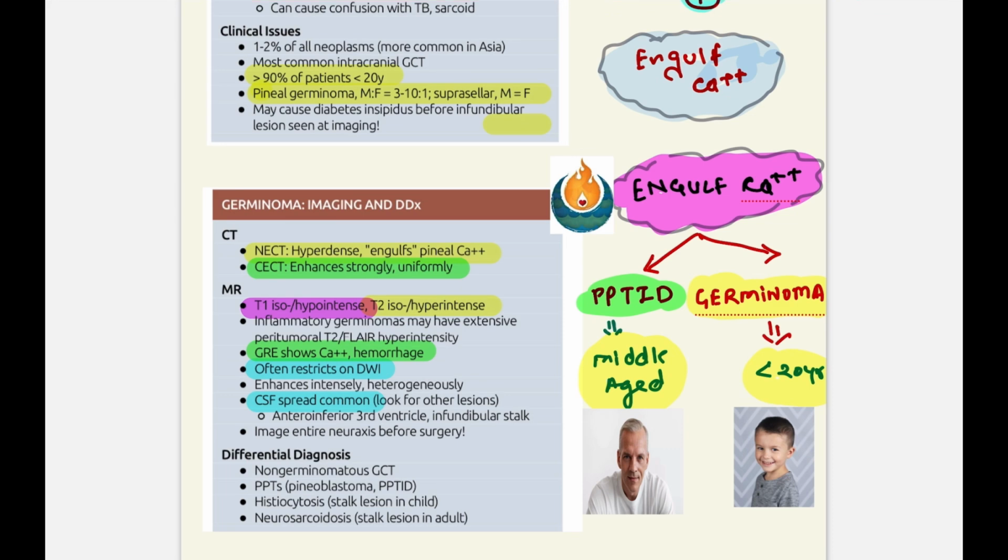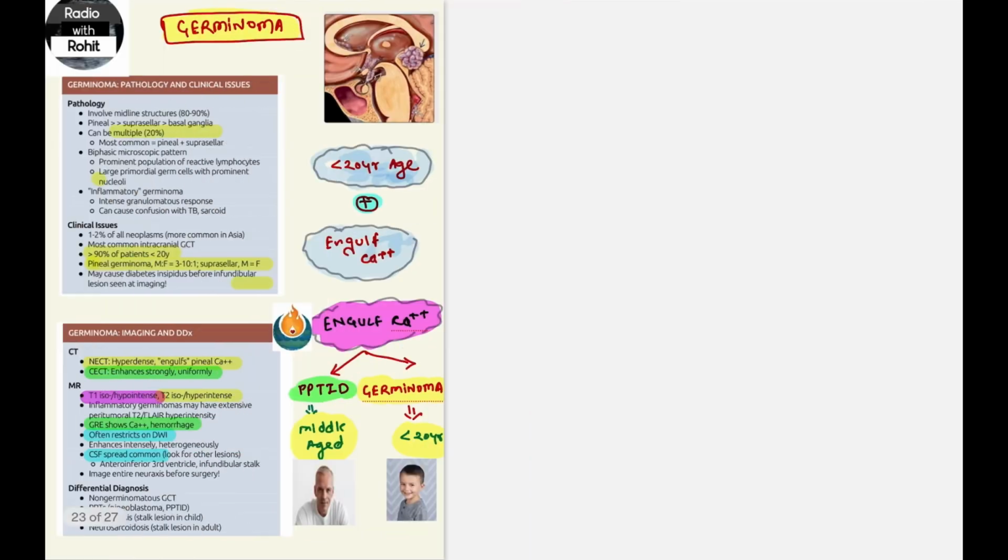On post contrast CT it enhances strongly and uniformly. On MRI, T1 is hypo to isointense and T2 is hyperintense. GRE, because of calcium or hemorrhage, shows blooming, while DWI, because of the high cellularity of the tumor, shows restriction. CSF spread is common in germinoma.